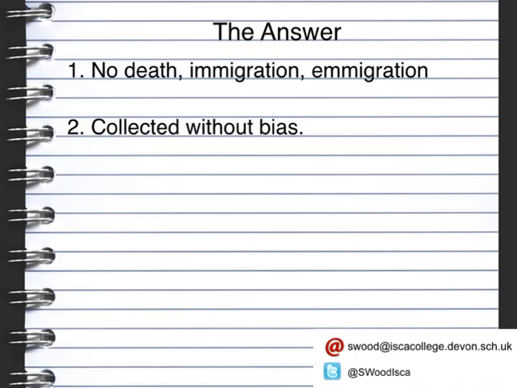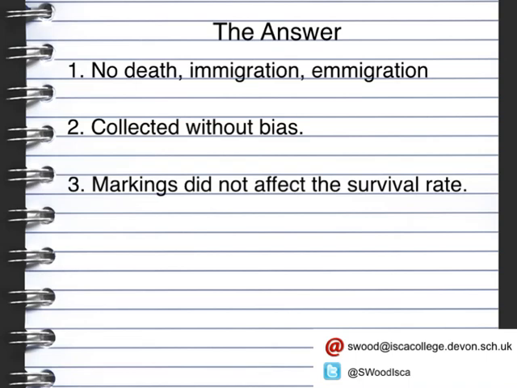The sampling was completely random. And the third is that the markings did not affect the survival rate, so it didn't cause any invertebrates to suffocate because of their respiratory problems. It didn't put paint on animals that makes them highly visible to predators.